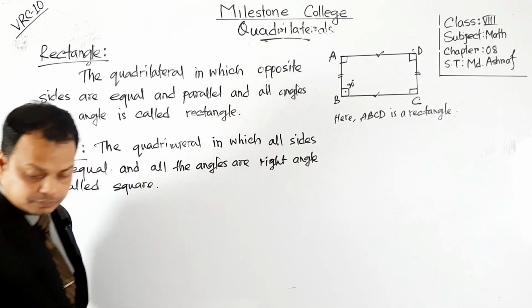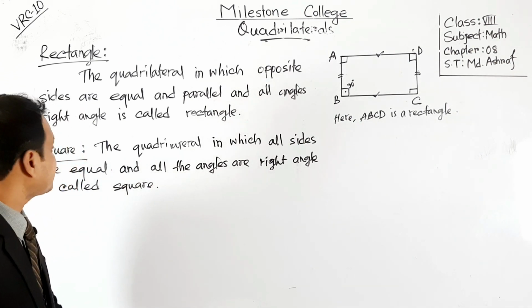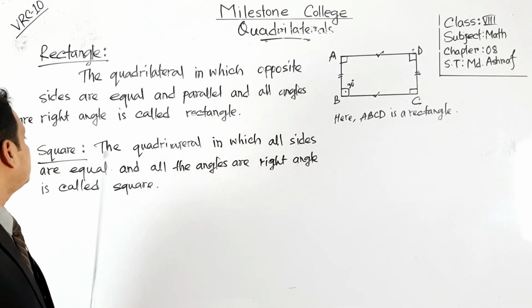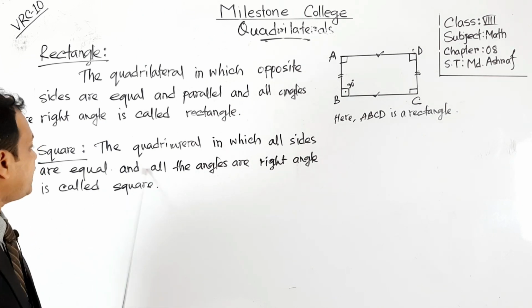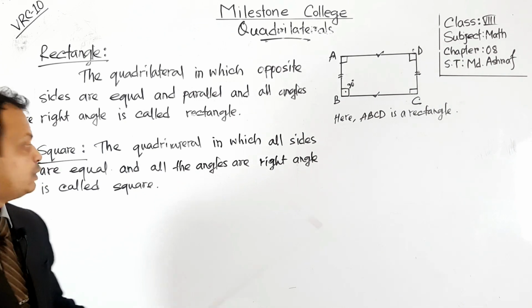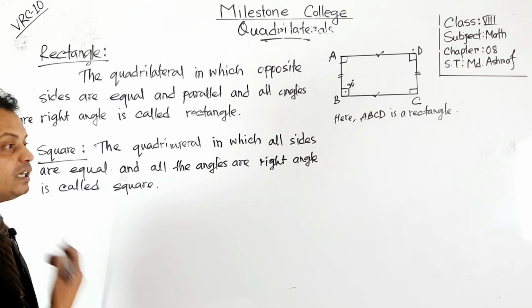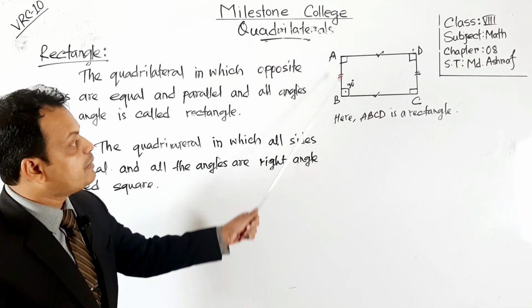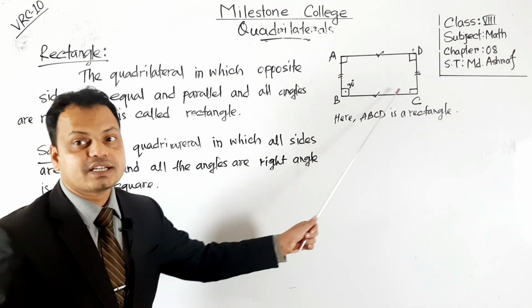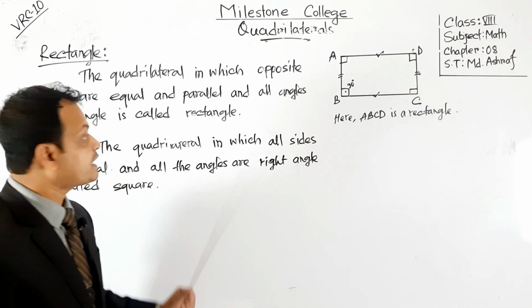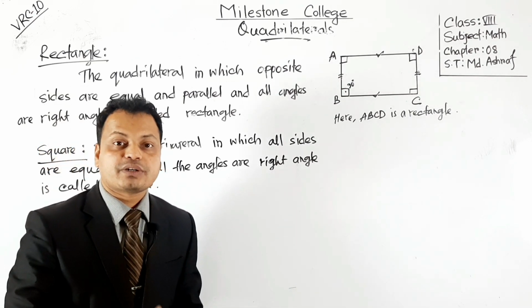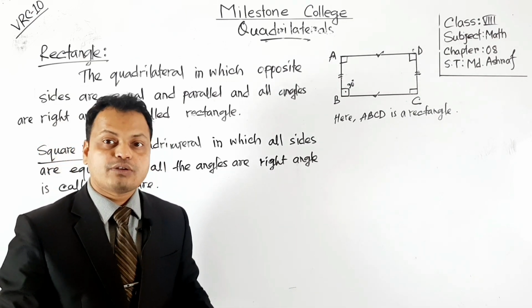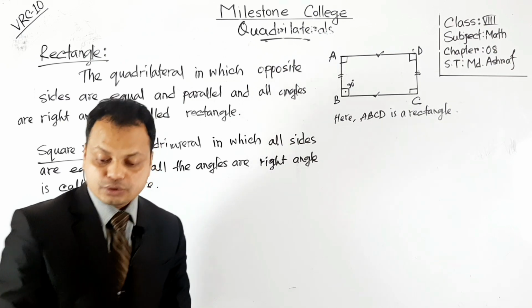The quadrilateral in which all sides are equal and all angles are right angles, then it will be a square. So here in the rectangle AB, CD, opposite sides are equal, and for a square all sides will be equal. So we can tell the definition of a square: a rectangle whose all sides are equal will be a square. So do this one.